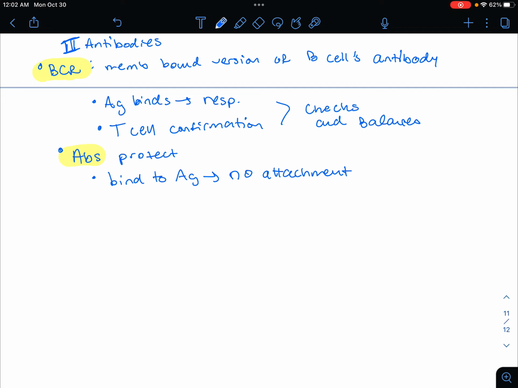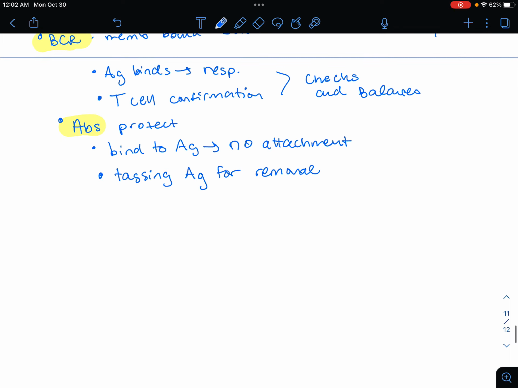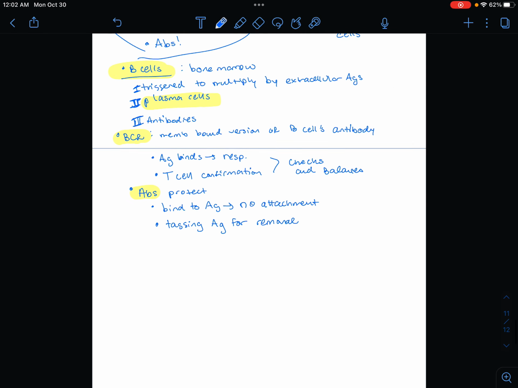So if we bind the antigen to an antibody, this is going to prevent that. We could also indirectly prevent or protect using antibodies by tagging the antigen for removal. Two ways, so binding to the antigen itself or just tagging it.